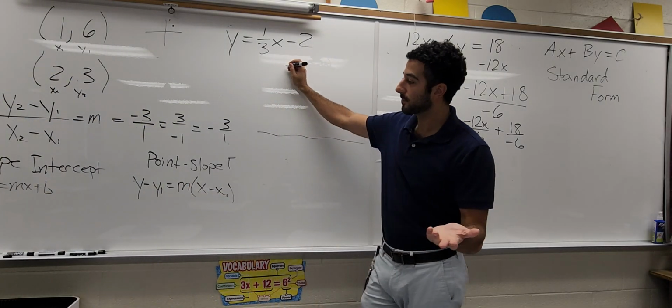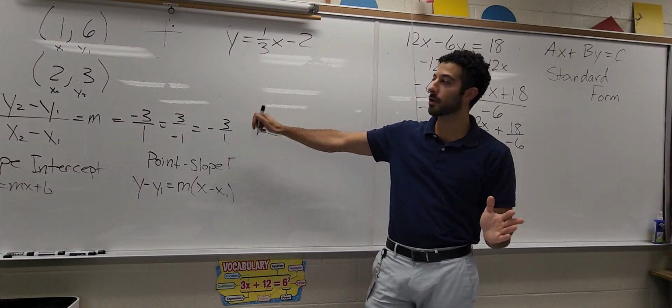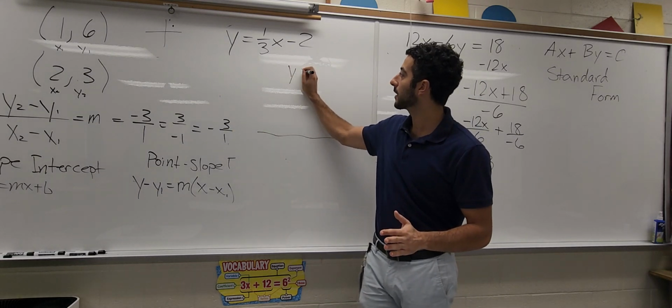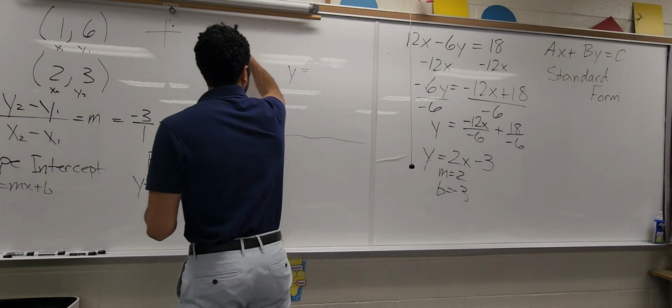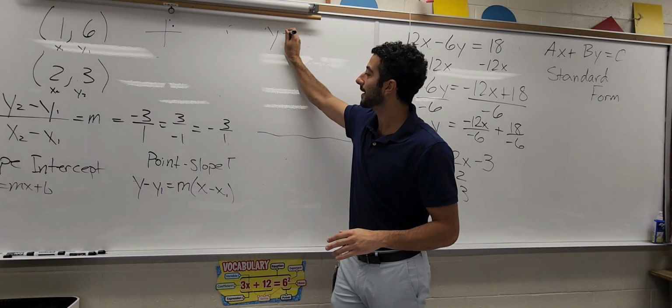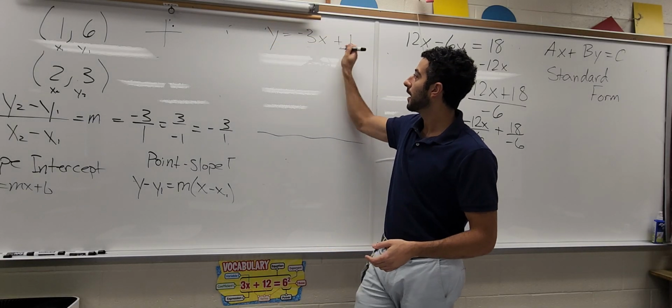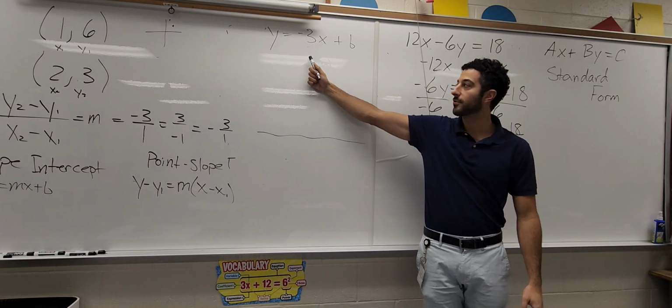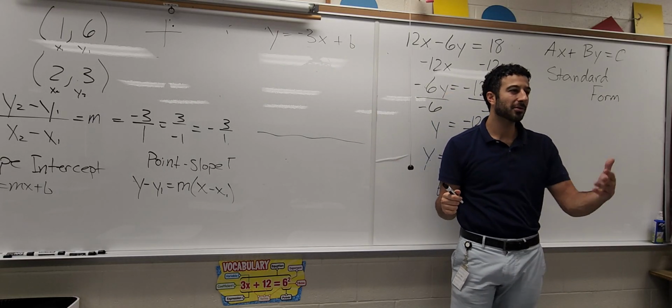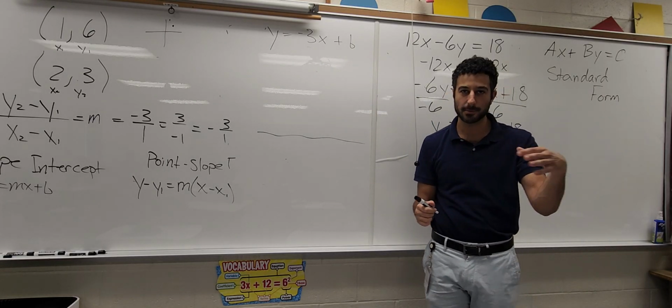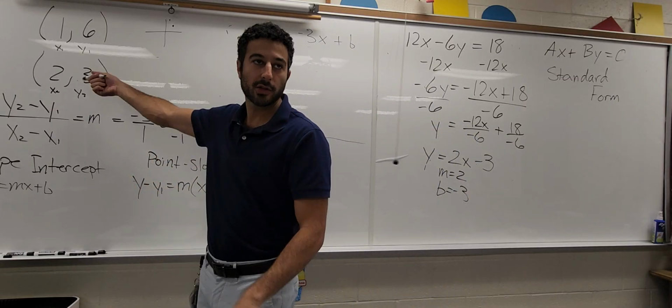So based off this slope, my current equation is y equals negative 3x plus b, because I know my slope is negative 3, but I don't know my b value. So Tyler suggested plugging in the points. Hopefully this process rings a bell. Tyler, which one of the 2 points do you want?